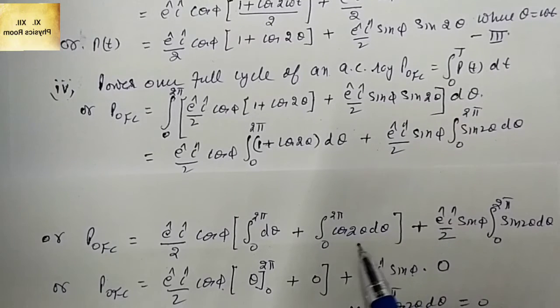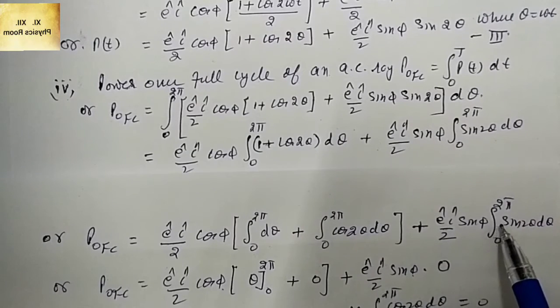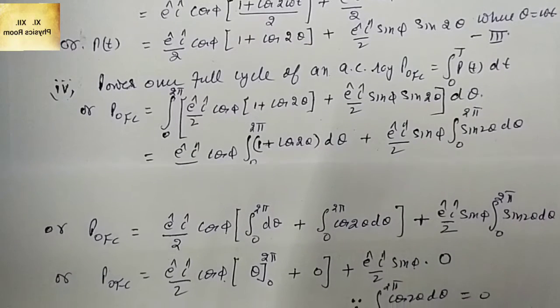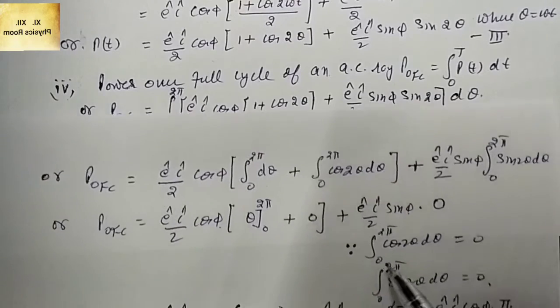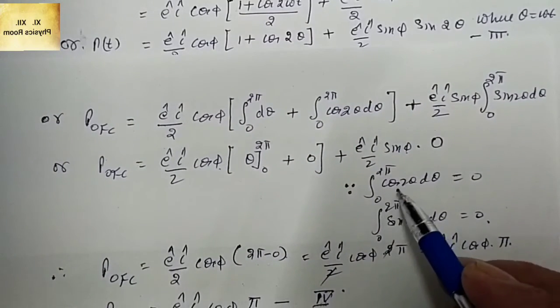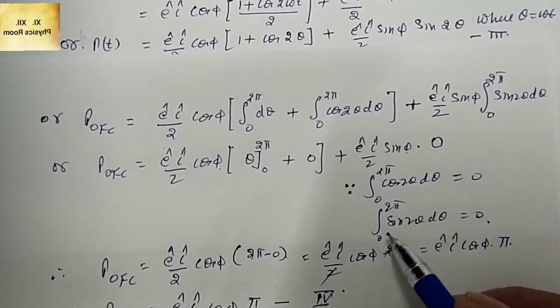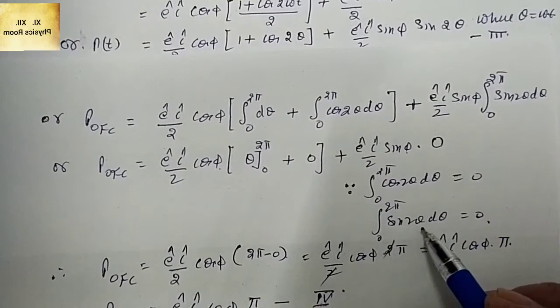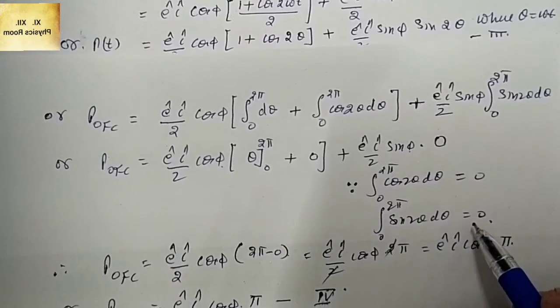Integration cos 2 theta d theta 0 to 2 pi is 0, plus E max I max by 2 sin phi into integration of 0 to 2 pi sin 2 theta d theta, which is also 0, because we know that integration 0 to 2 pi cos 2 theta d theta is 0, integration 0 to 2 pi sin 2 theta d theta is 0.